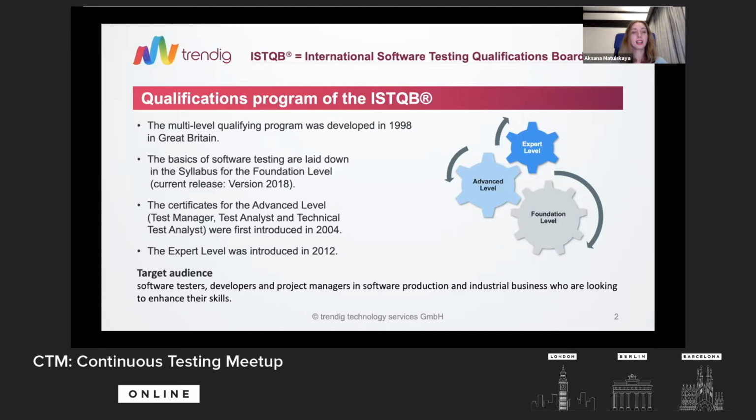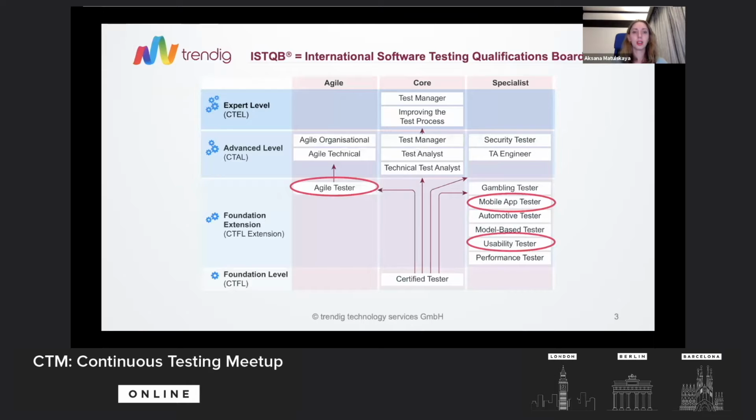But in case I can't find any definition in the ISTQB glossary, I look for other resources. If you are interested in exploratory testing and in heuristics or mnemonics, you can find some information in the Agile Testers Foundation extension, in mobile app testers, and also in usability testers in the ISTQB syllabus.